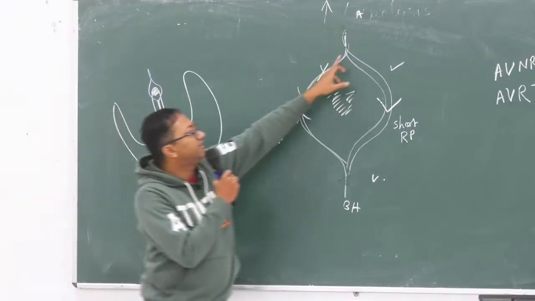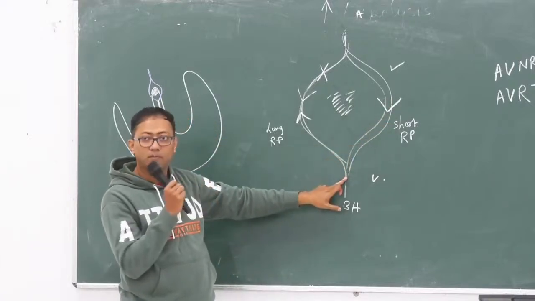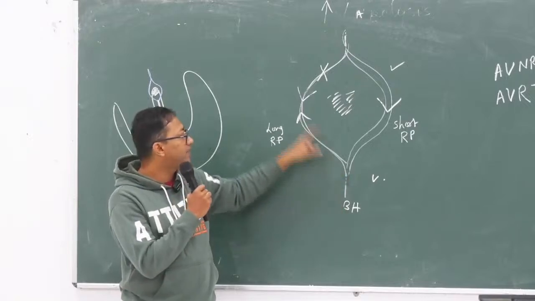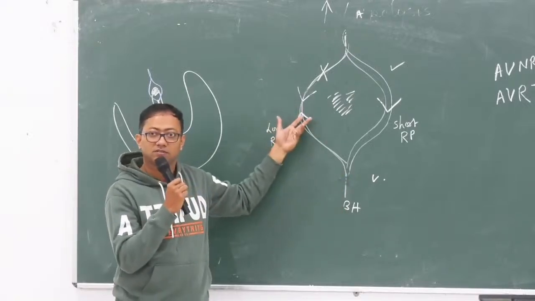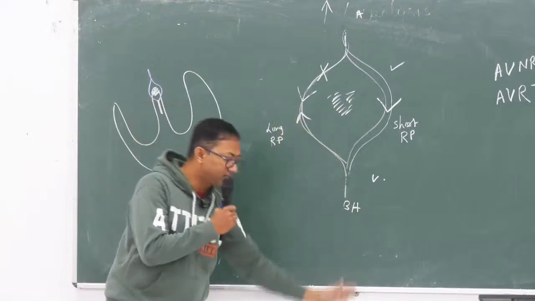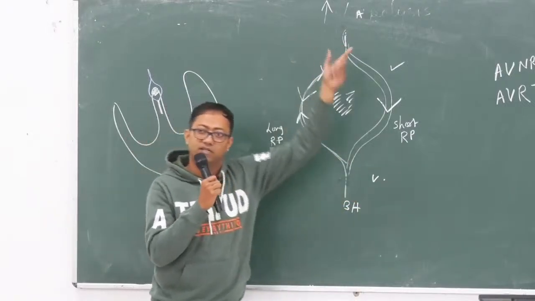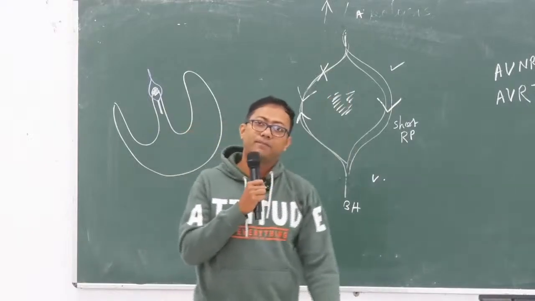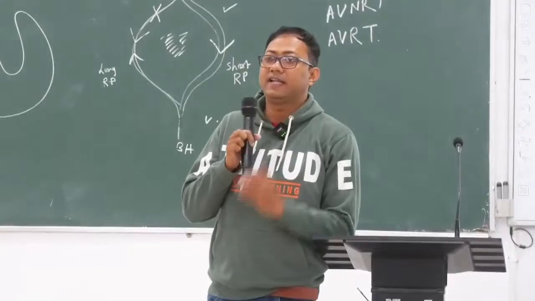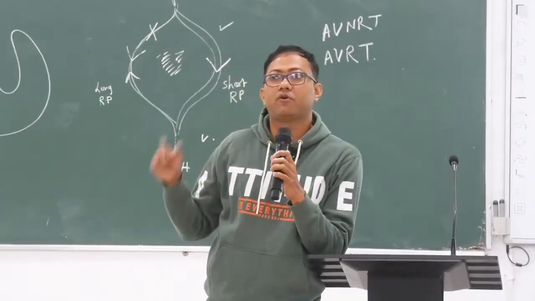So the action potential initially travels through the short pathway, and once it reaches the upper part of the bundle of His, it finds that the refractoriness of the long pathway is gone. So now the action potential can travel down in this direction and also upwards and go back to the atria. So a backward impulse from ventricle to atria, and again it will come back. This re-entry circuit will keep on happening.